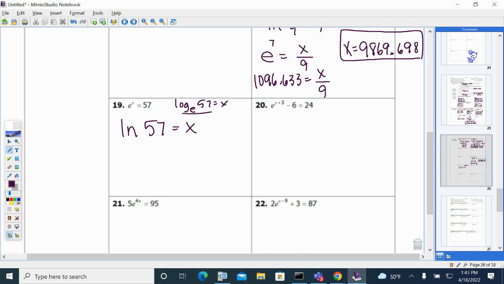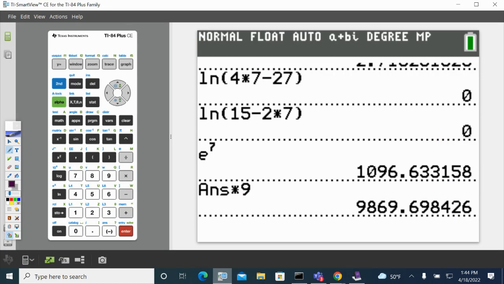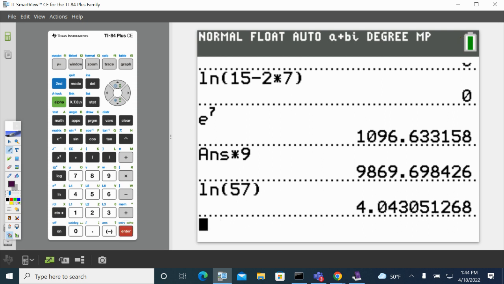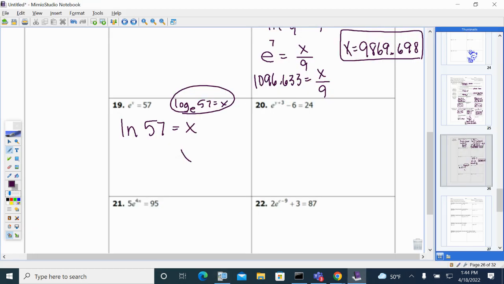But please never write your natural logs in that form. So all we have to do is take the natural log of 57, which is a button. So your natural log is right next to the 4. Plug in 57, and our answer is 4.043. And there's your answer for number 19.